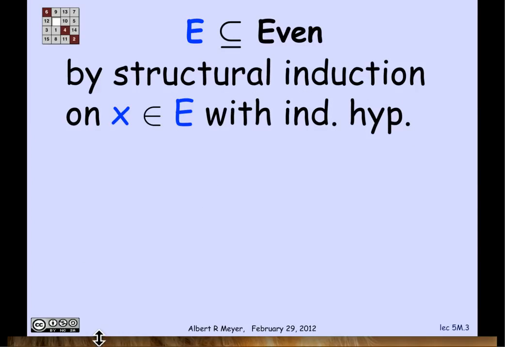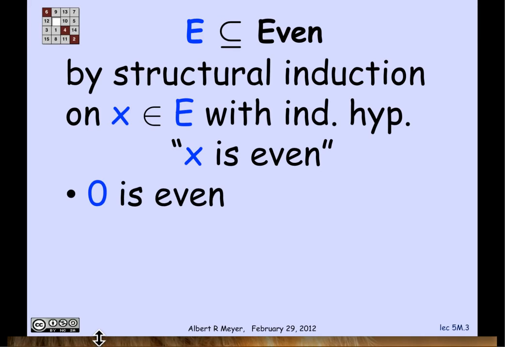This is one we've actually seen, and we took for granted this method of proof without highlighting it when we argued that the set E that was recursively defined in the last presentation contained only even numbers. So remember, the definition of E was that 0 is in E, and we're going to be proving that X is even by induction. So we need to check the base case. Yes, 0 is even.